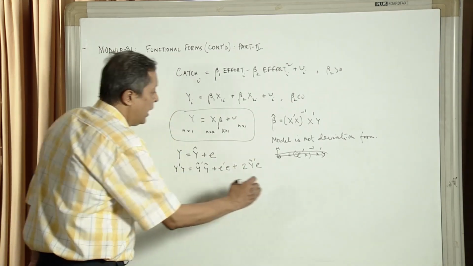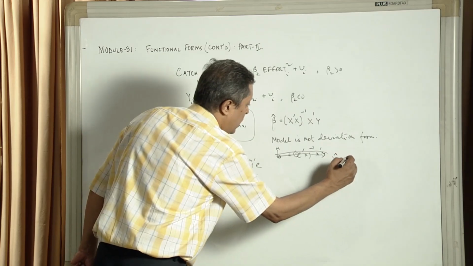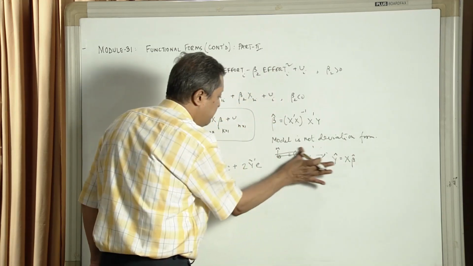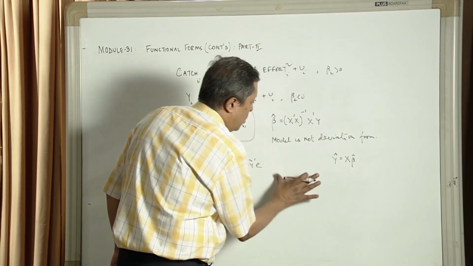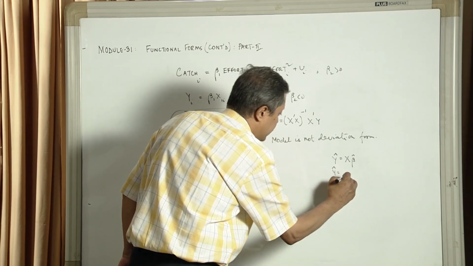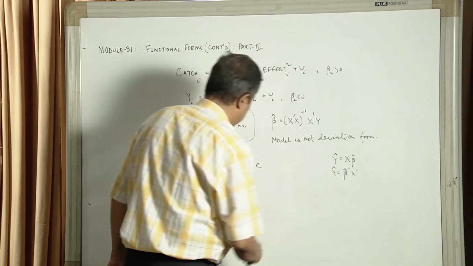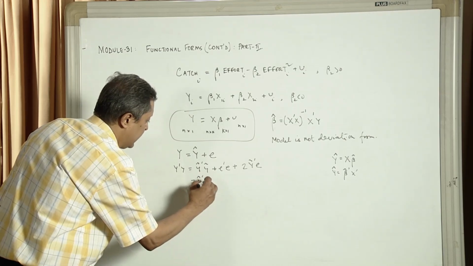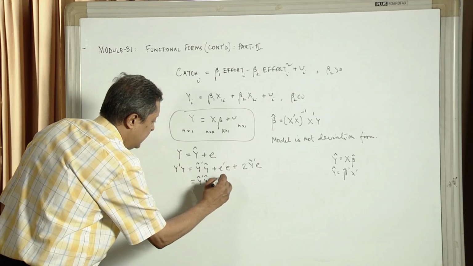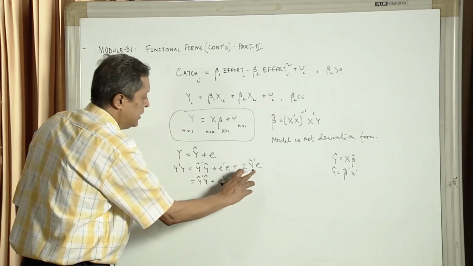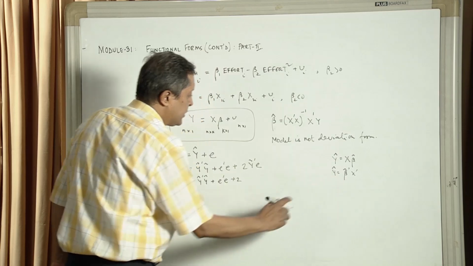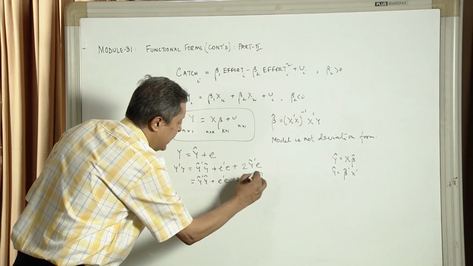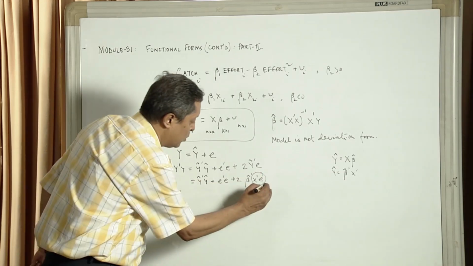The only thing is y hat is now x beta hat, so y hat prime is beta hat prime x prime. If you substitute here, what we get is y hat prime y hat plus e prime e plus twice beta hat prime x prime e, but that x prime e is equal to 0.